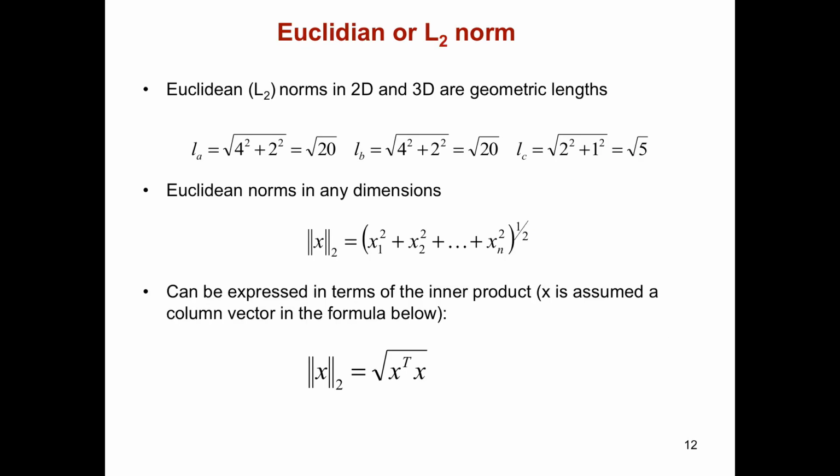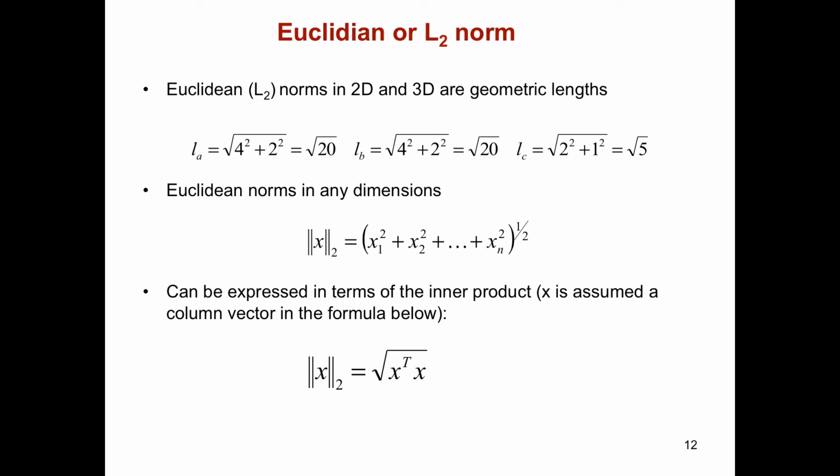So essentially, how will I define this? So this is my Euclidean or L2 norm. I will take a square root of the sum of the squares of all elements, okay? So basically, you can do that if I had n elements in my array. I would square each one of them and take the square root of that sum.